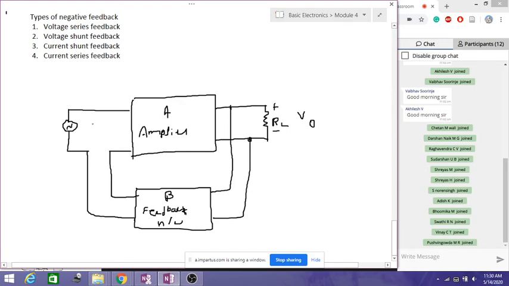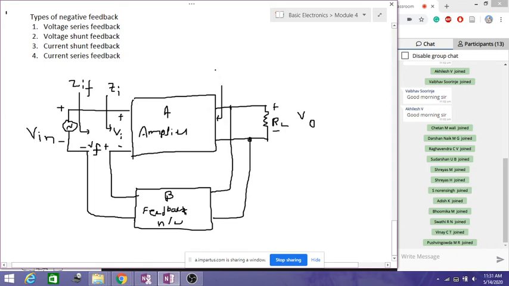For the types of feedback we have talked about, this is my VI here, positive, negative, and this is VF, the feedback voltage, and VI is what we talked about in the equations just before. The impedance at this point we call ZI, and the overall input impedance is ZIF.